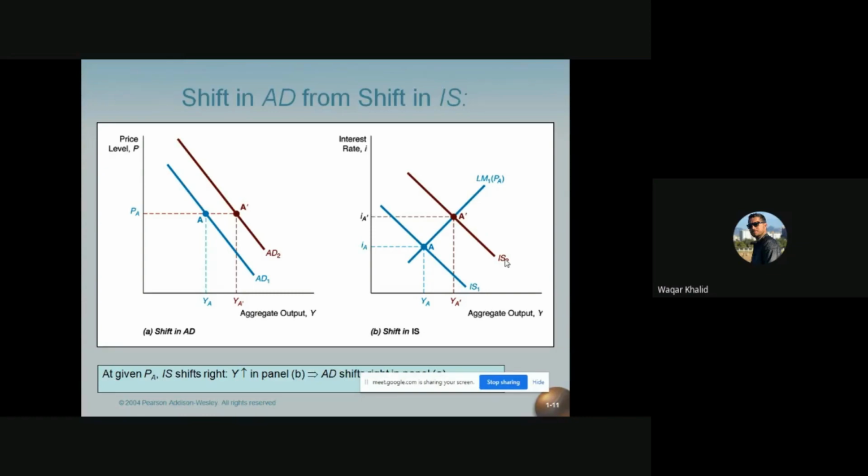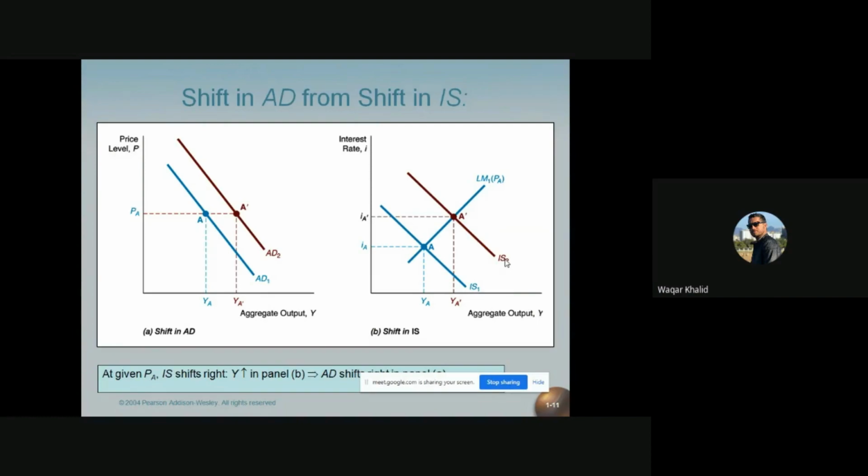Number three, changes in government spending. Number four, changes in tax rates. Number five, changes in autonomous net exports. These five factors shift the position of the IS curve.